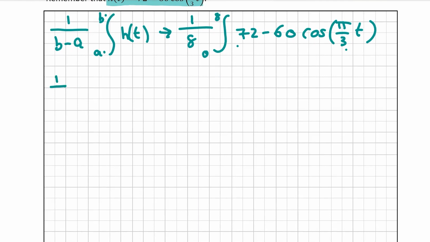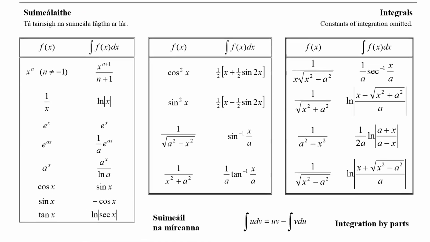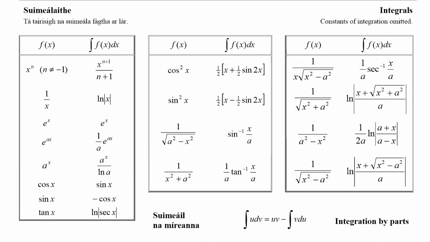So we still have 1 over 8 as t goes from 0 to 8. 72 integrated is going to become 72t. Now the next part is a small bit more difficult to integrate. You can use your log tables for this question if you like. You can see here in this page of the log tables, which is page 26, that the integral of cos of x is sine of x.